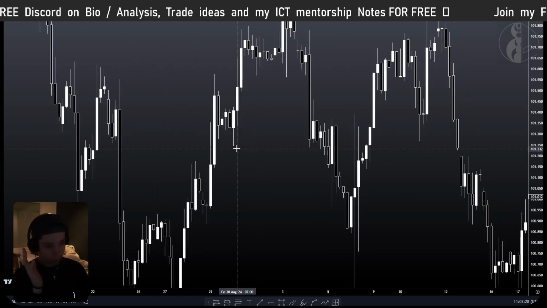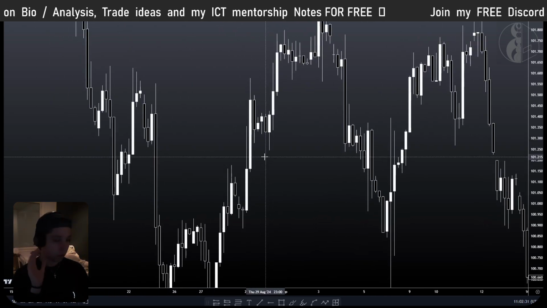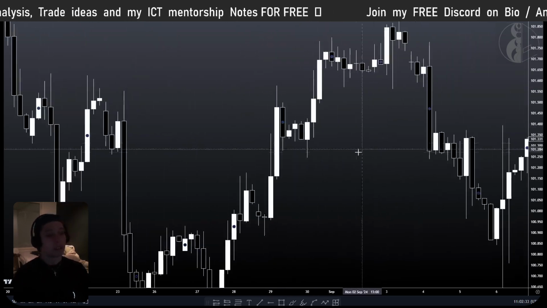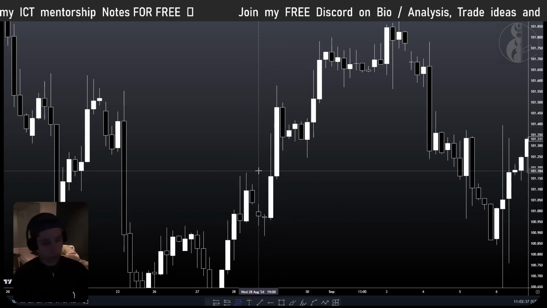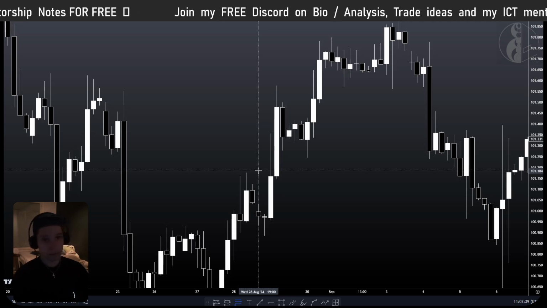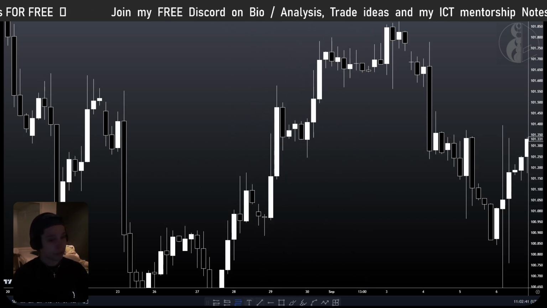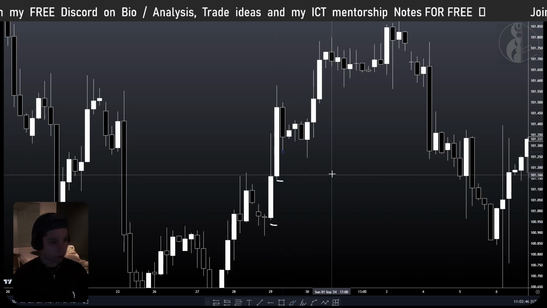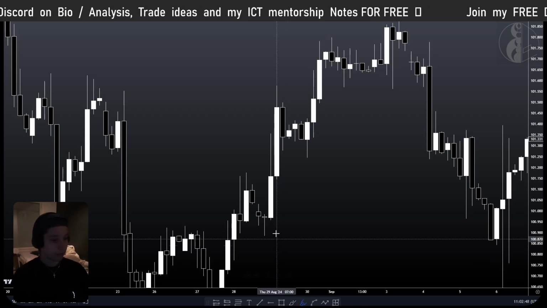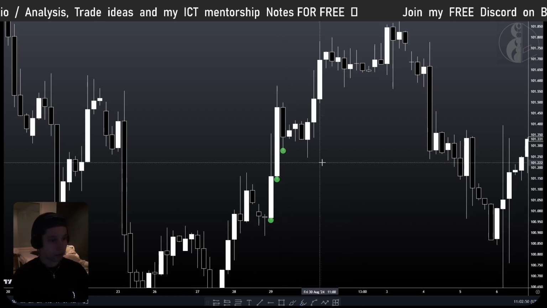So on the XY we have a good example of this. If you are familiar with the concept of immediate rebalance, or you watched my previous video about it, you would know that it's basically the three candle formation 1, 2, 3, where you do not get the fair value gap with these candles.